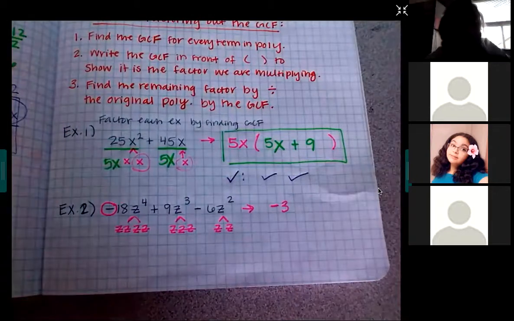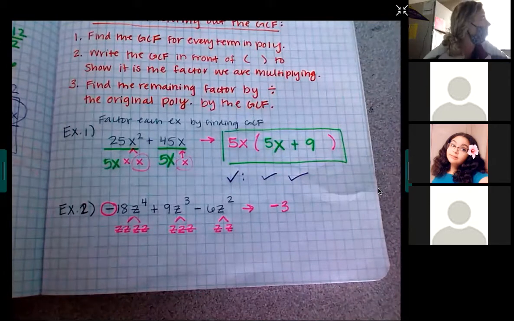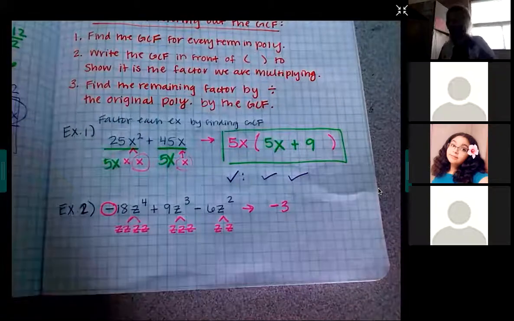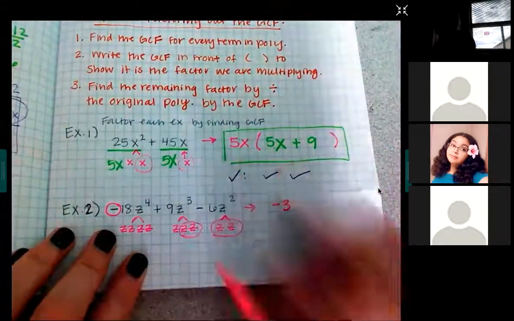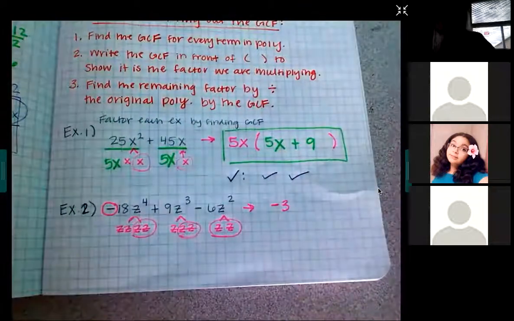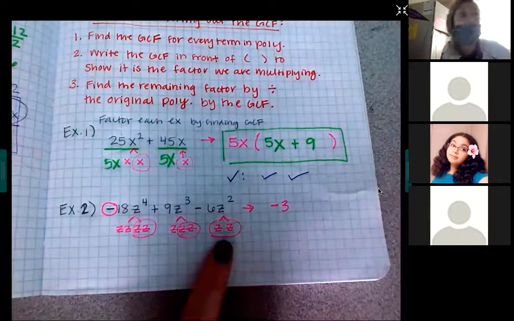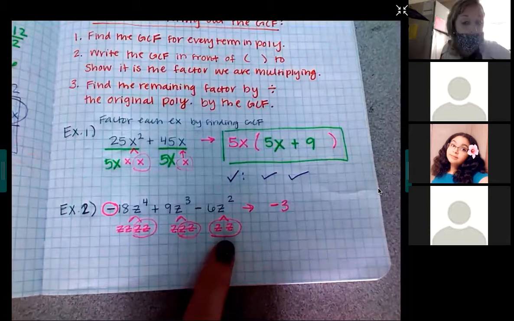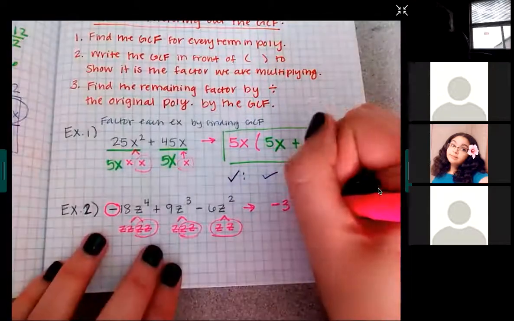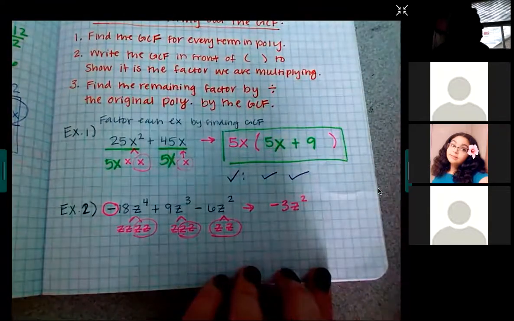How many do they all have in common? Not all together, in common. 2. Look at them. We can take 2 out of this one, and we can take 2 out of this one, right? And that's the biggest number they have in common, because can you take out 3 from the back one? No, the back one doesn't have 3 to give, so the GCF for the letters is 2 Z's. Is everybody good there?